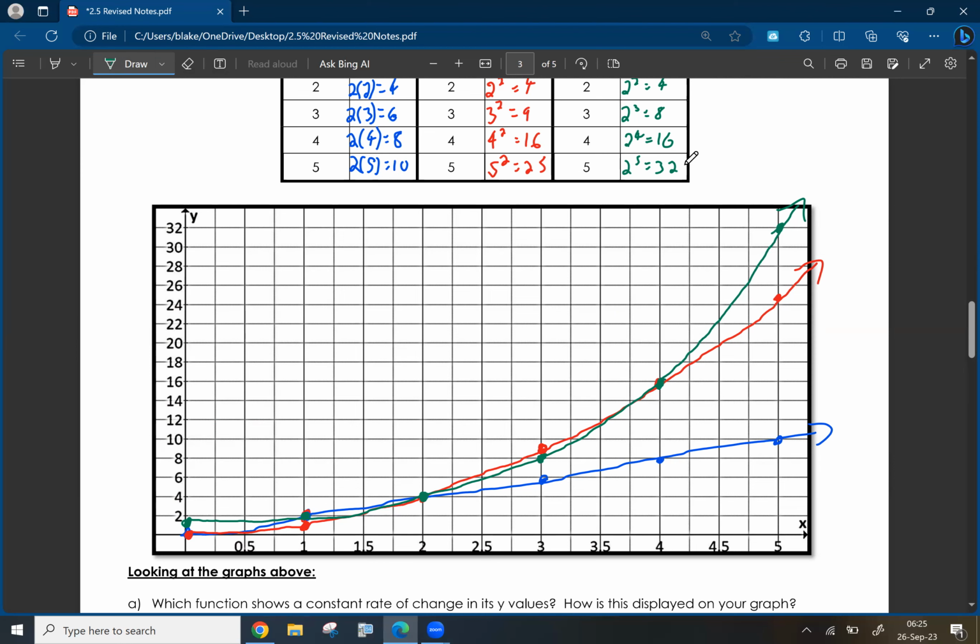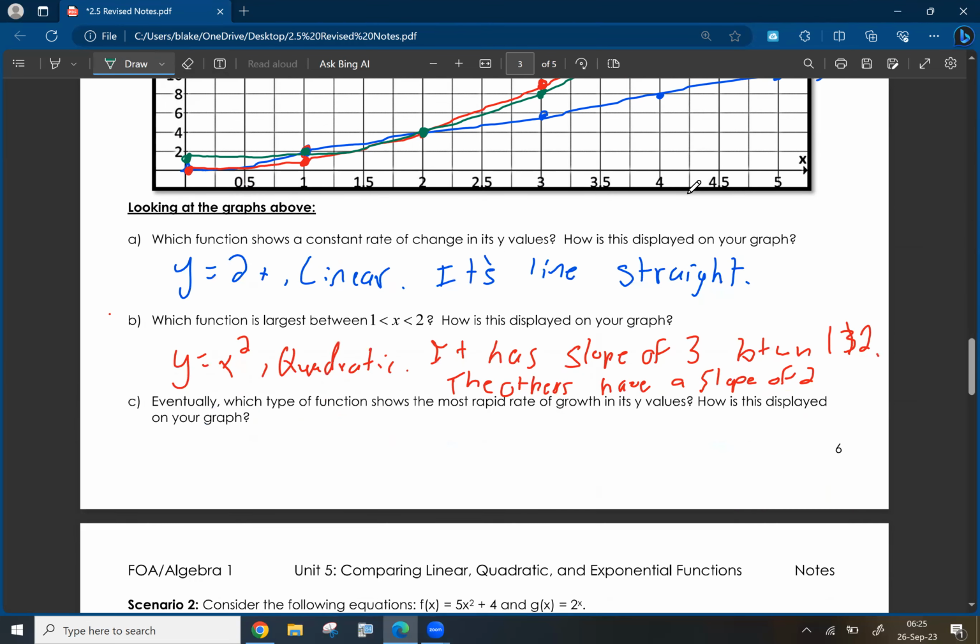So it's going to have the steepest slope. It's going to increase the most. It's got to be that one. So y equals 2 to the x power, the exponential. It has the steepest slope. That is how we can tell that from the graph.